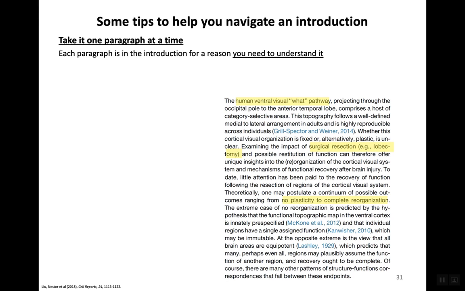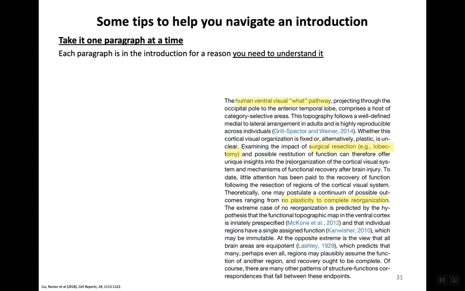So one of the main suggestions would be to do this one paragraph at a time. And the reason to do that is because many times the introduction section is quite constrained. So neuroscience articles, as I mentioned, the higher the impact, the more restrictive in terms of the amount of information and the number of words you can put in an introduction.